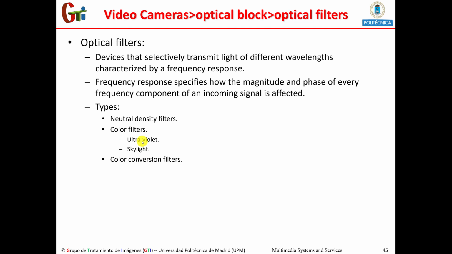So perhaps we would like the image captured by a camera to have the same appearance as when we see it directly. In order to do this, we use this kind of filter that alters the acquisition frequency response of the sensor to reproduce the image more like a human being.